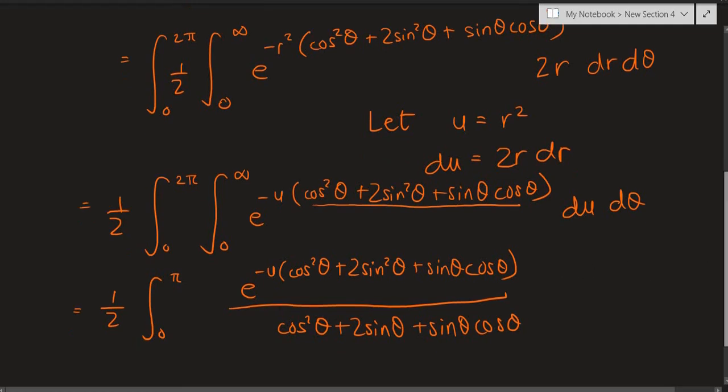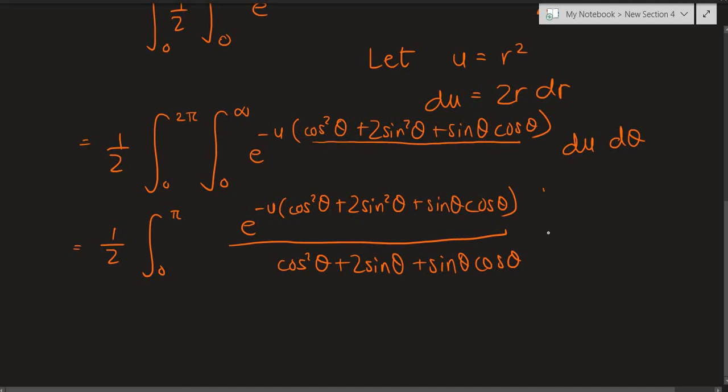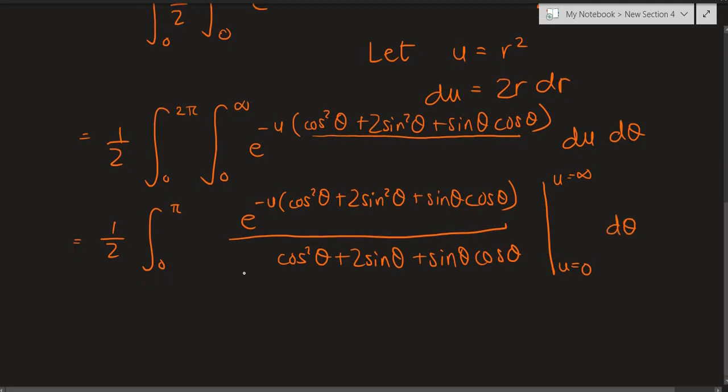But we have to evaluate this now because it was a definite integral from u equals infinity to u equals 0, and we have the d theta because the outer integral is still there, we have to calculate that later.